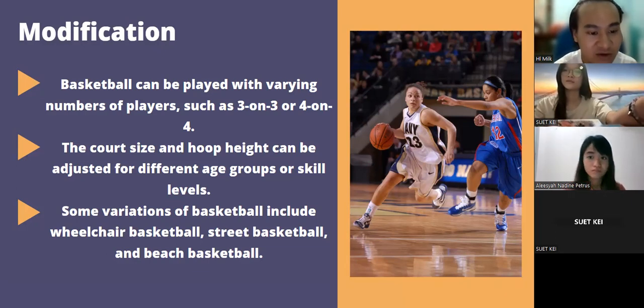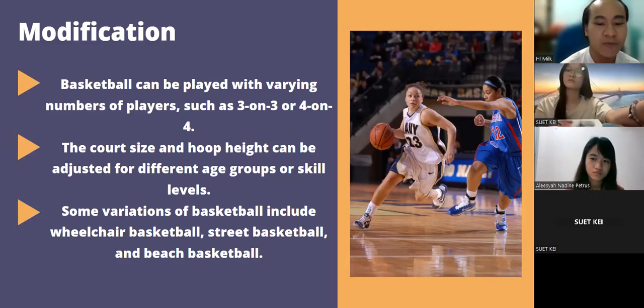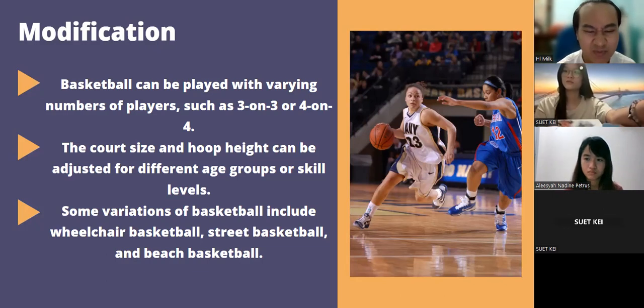So next is about the variations of basketball. They include wheelchair basketball, street basketball and even beach basketball. Street basketball is more common in Western countries, especially the United States. You can always see street basketball everywhere.